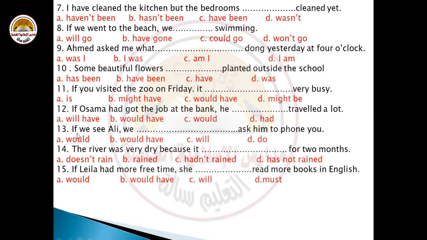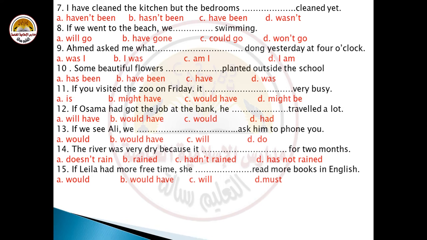Number 13, if we see Ali, we would or would have or will or go ask him to phone you. If we see, this is present simple, but we will ask him to phone you. Number 14, the river was very dry because it for 2 months.